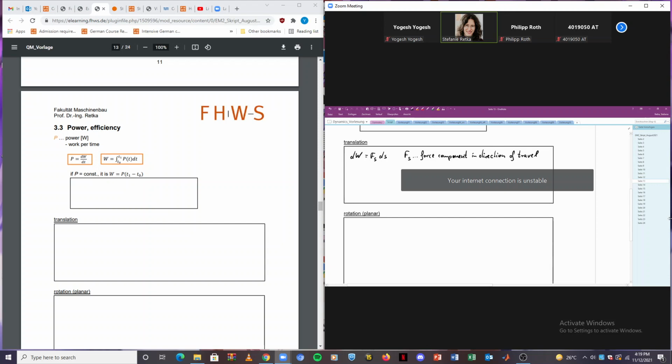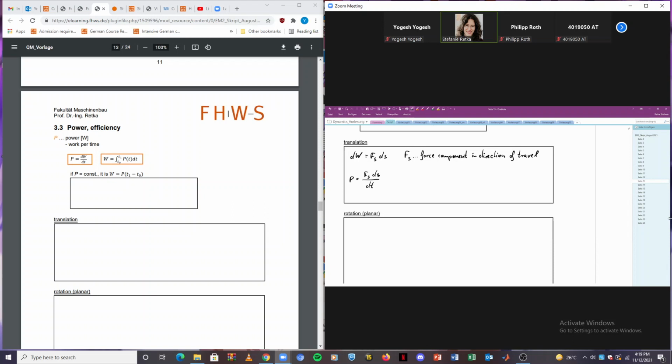Okay, and now if we substitute this equation into the equation for the power, we obtain P is equal to force times change in distance divided by the change in time.